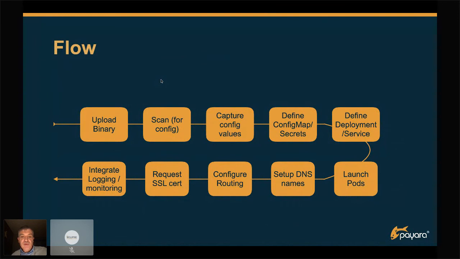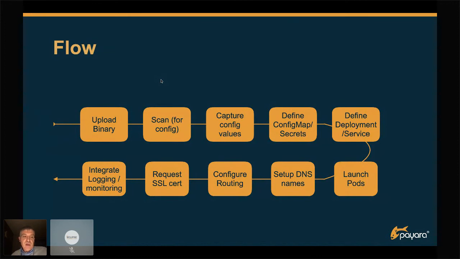Then it captured those configuration values and defined config maps and secrets for it. And then our provisioner controller, which is basically a Kubernetes operator, combines all that information: the config maps, the uploaded binary, which is stored on a volume, and that generic image that I told you about. Out of all those elements, it creates the required Kubernetes resources so that the pods are launched and services are created.